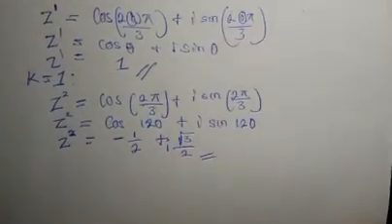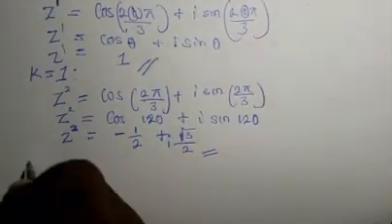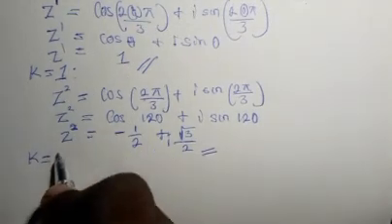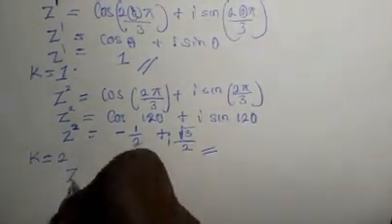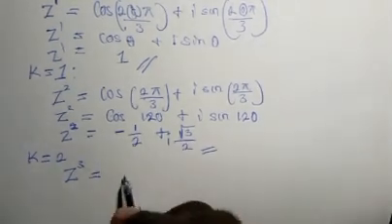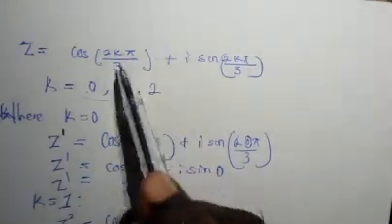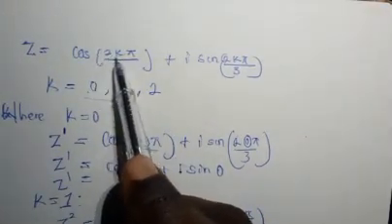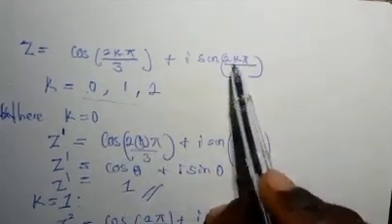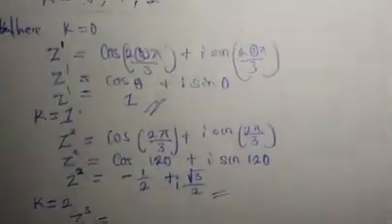And let's find the third value, where k is equal to 2, we have z3 to be equal to, so here now don't forget, substitute 2 for k, therefore we have 2 times 2, 4, that's 4 over 3 pi, and here also 4 over 3 pi.